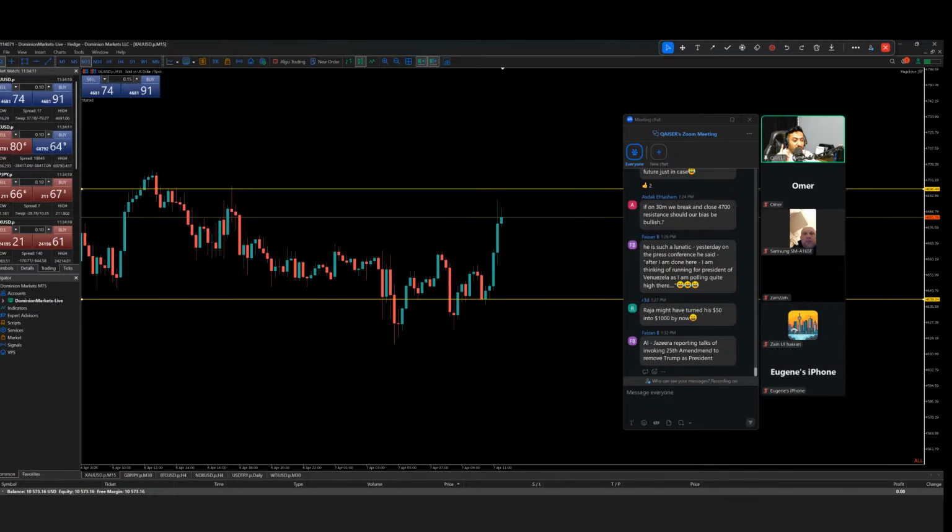So if at the opening of some session you have some kind of impulse entry structure right on the resistance area, like NY opening or London opening, this is something I understand with experience. If we break above this high and the psychological number of 4700, there's a very high probability you can grab some chunks out of it.